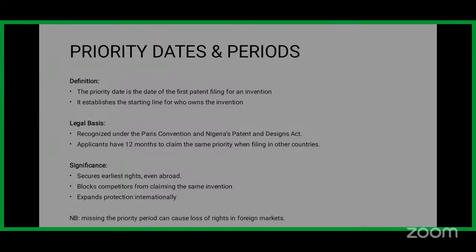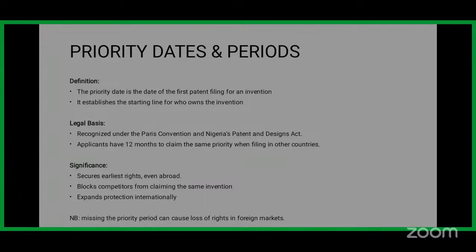Then priority dates and periods. When we started with provisional filing, we talked about priority date. Priority date is simply the date in which you make the initial application, so you can claim that date when you make a subsequent application. Priority date can also apply where you file in a country and then you want to file in another country that is a signatory to a particular treaty like the PCT.